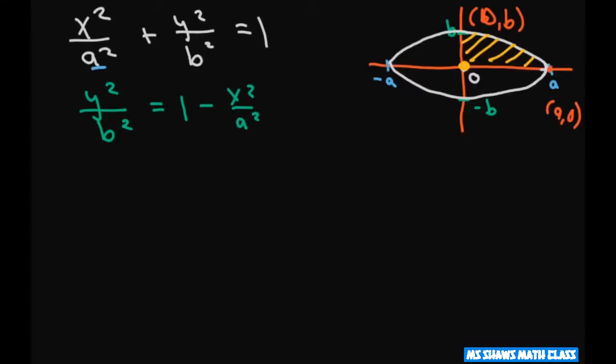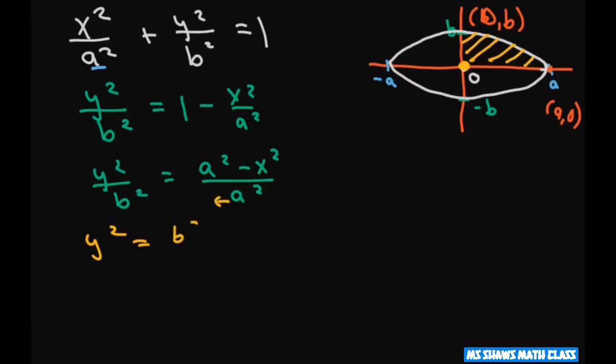Okay, so this equals y squared divided by b squared, and simplifying, this is a squared minus x squared divided by a squared. Now multiplying both sides by b squared, you're going to get y squared equals, and I'm going to pull this out, b squared divided by a squared times a squared minus x squared.